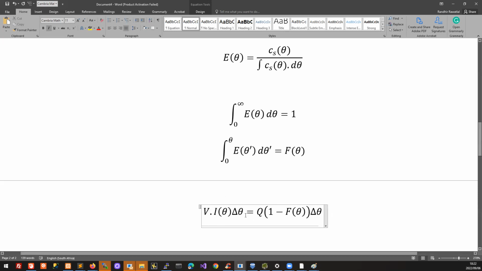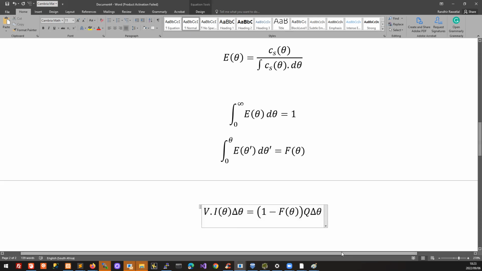So this is what's left over, 1 minus F theta that has not appeared at the exit. Remember F theta, that's everything that has managed to exit. This is what has not managed to exit. Q times delta theta is the total amount that entered in the first place. So this is the total amount that's left over in the reactor, which we know is equal to this.